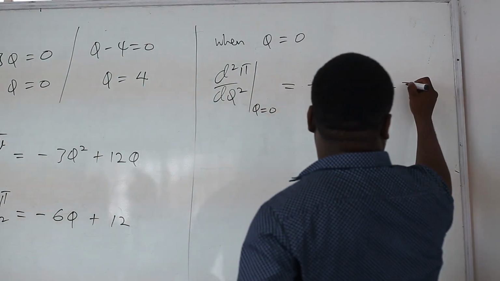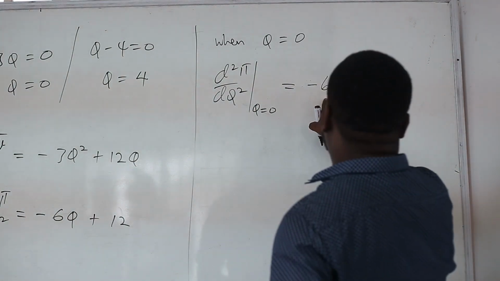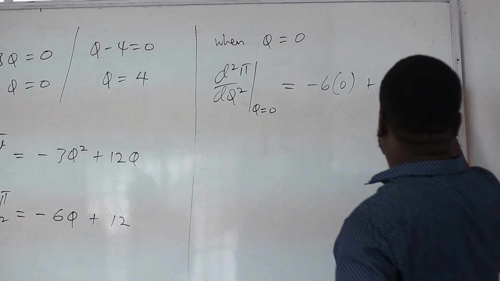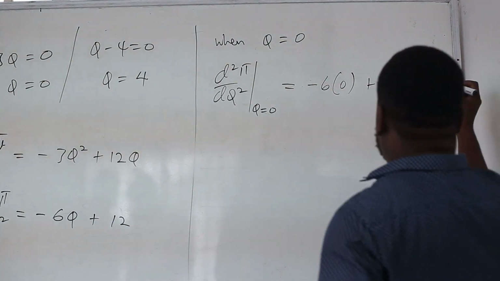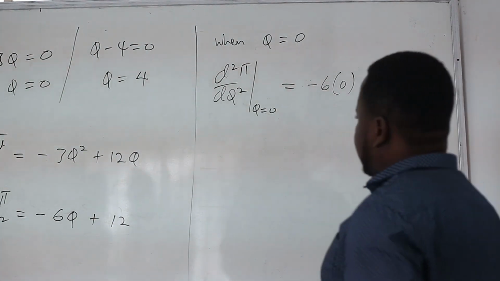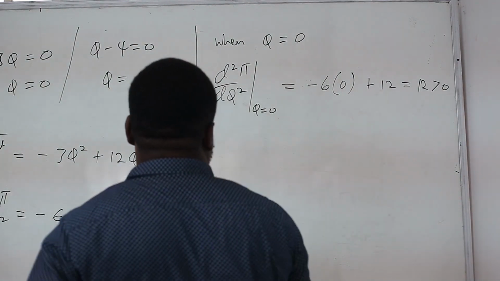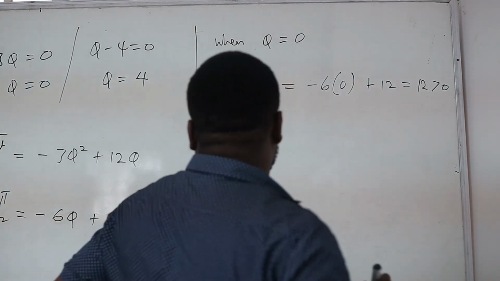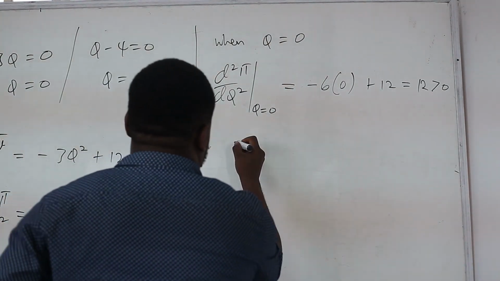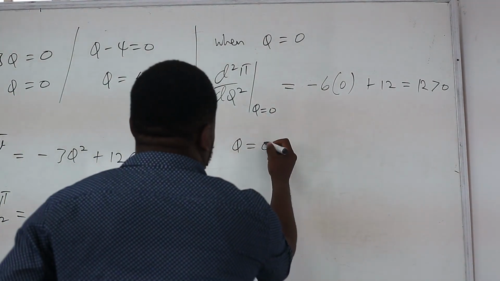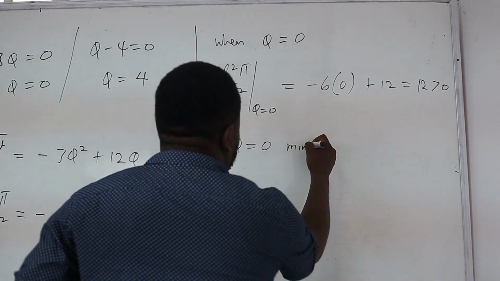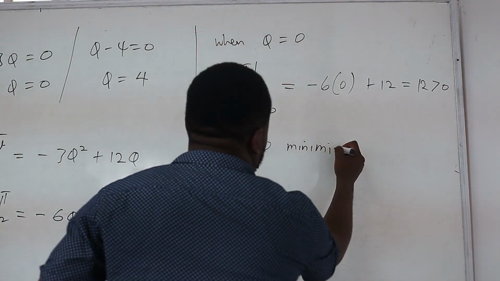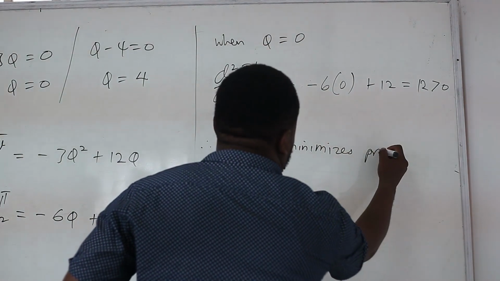And this is equal to 0 plus 12. So this is positive 12. This is greater than 0. Therefore, since the second order condition is positive, we can conclude that q is equal to 0 minimizes profits.